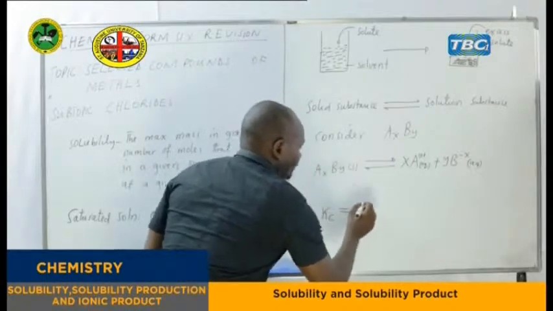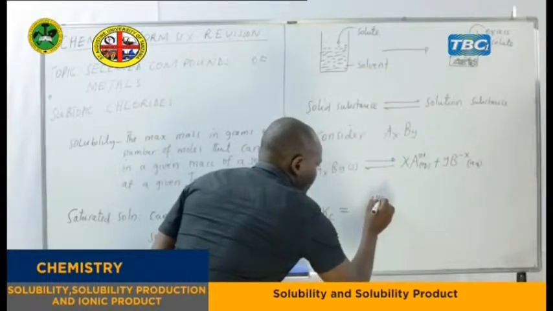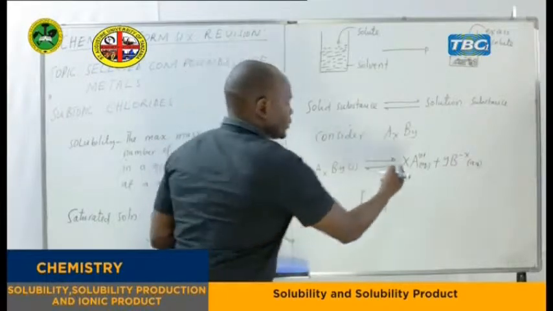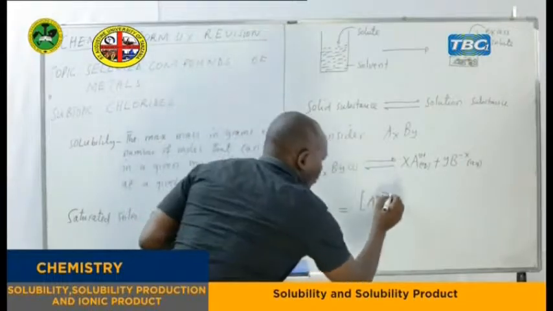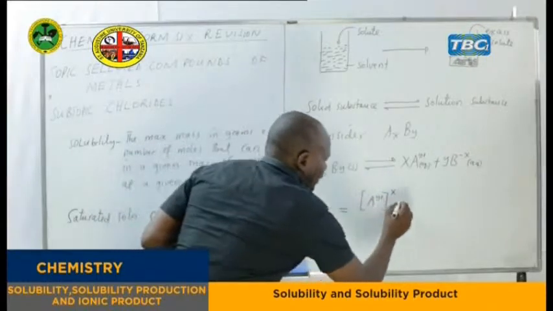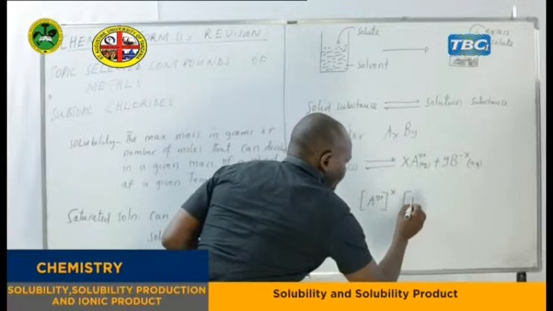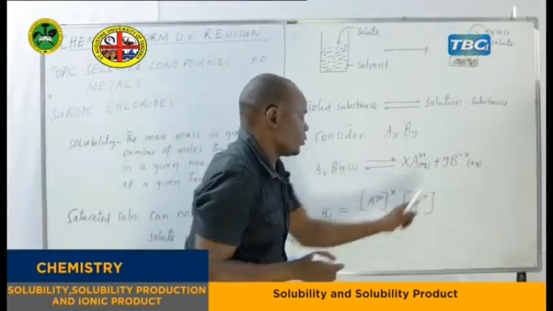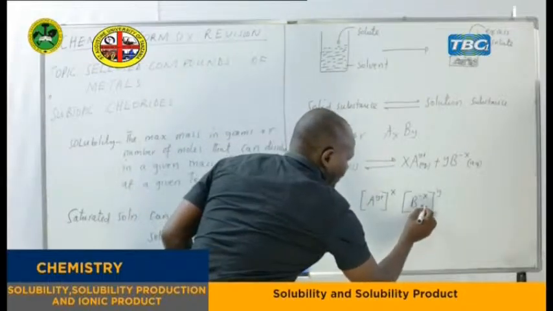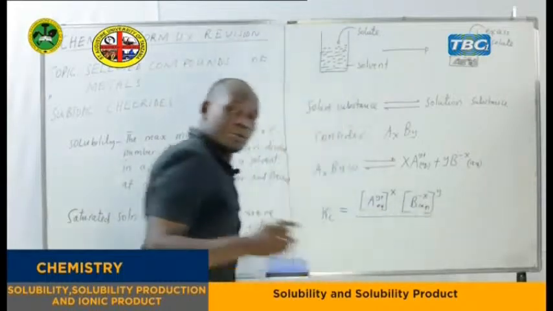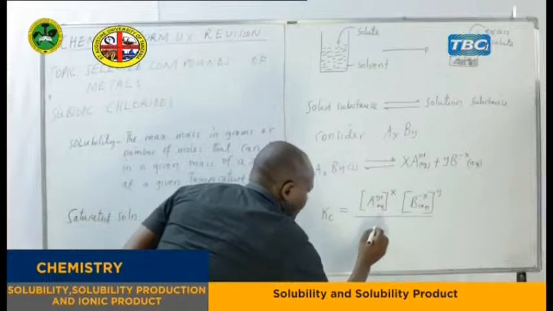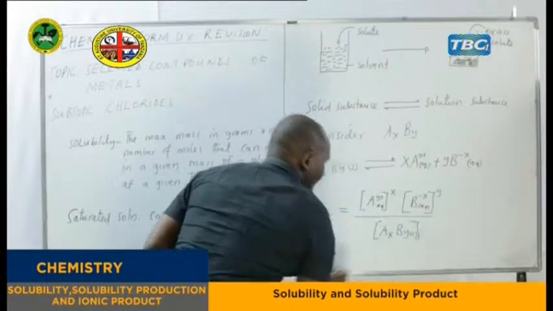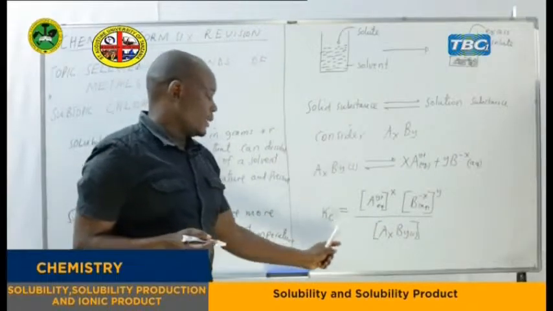So you have the concentration of A^(y+) raised to its stoichiometric coefficient x, times the concentration of B^(x-) raised to its stoichiometric coefficient y, both aqueous, divided by the concentration of the reactant, the solid AxBy.